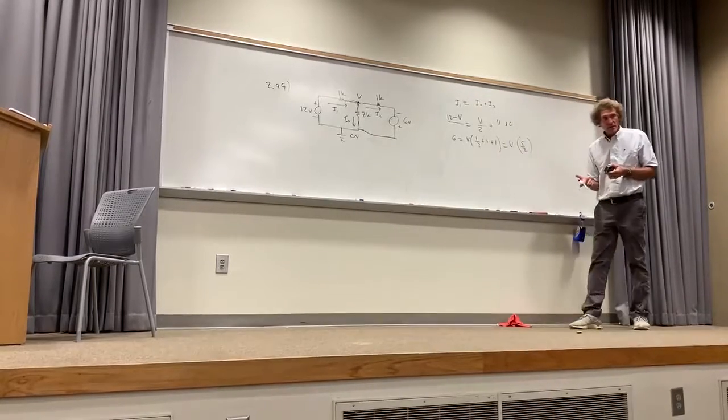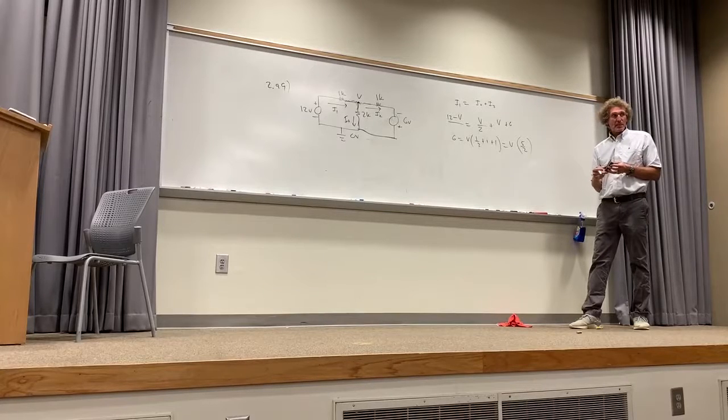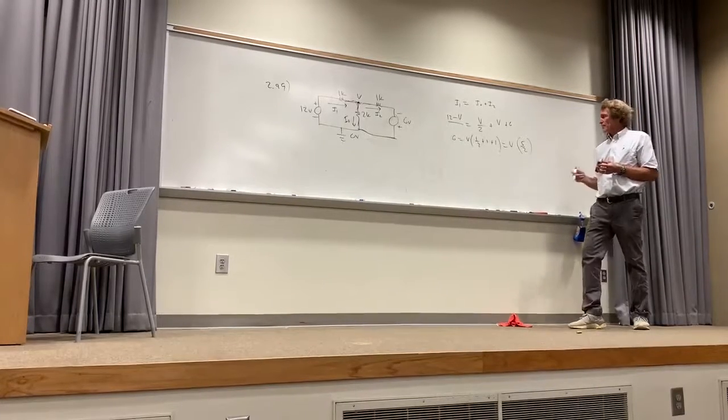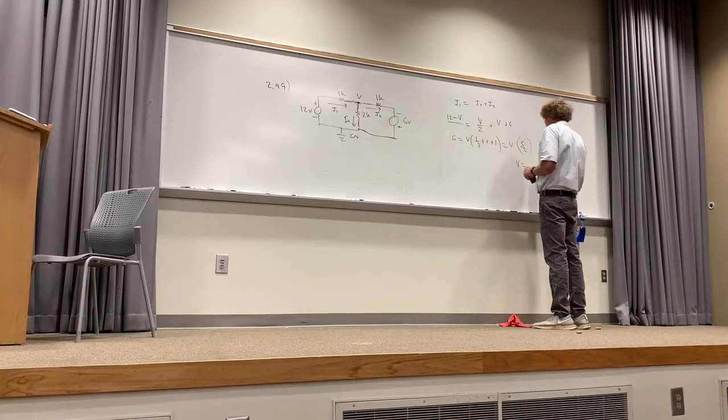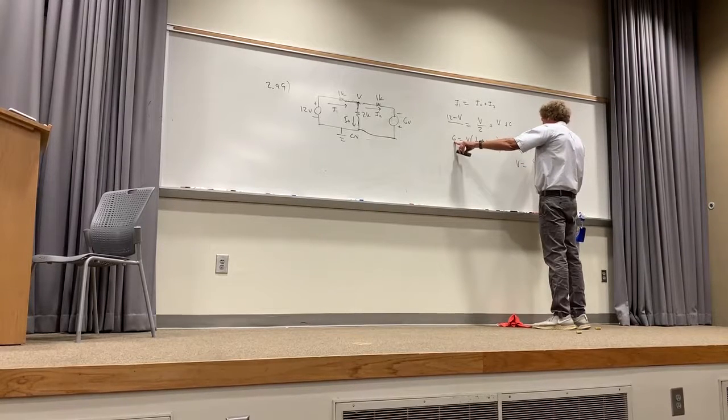Am I right? I got a half plus 1 is 1.5, right? 1.5, sorry, 2.5. Now for V, what would it be? V would be equal to, take a look. It would be what? 6 divided by 5/2, or times 2/5, or 12/5 of a volt.